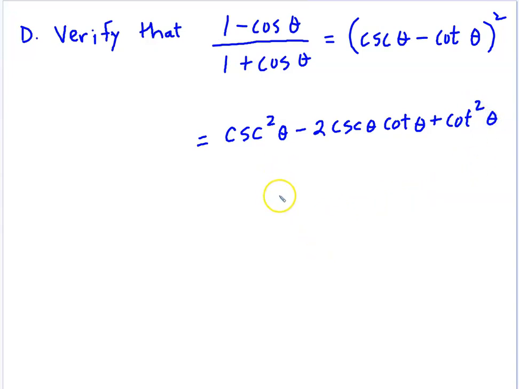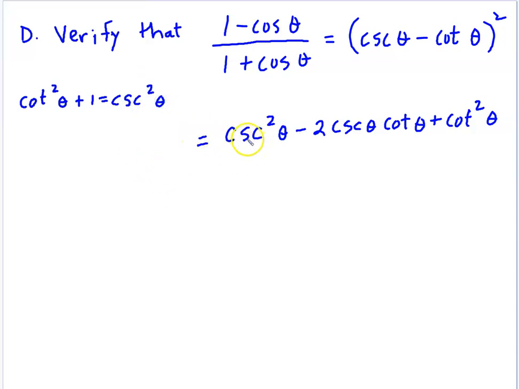All right, now I'm going to think about getting this into a form, some sort of consistency here. So I know cosecant squared, going back to one of our identities. If you remember, I'll write this out and then erase it. Remember the one that says cotangent squared plus 1 is equal to cosecant squared.